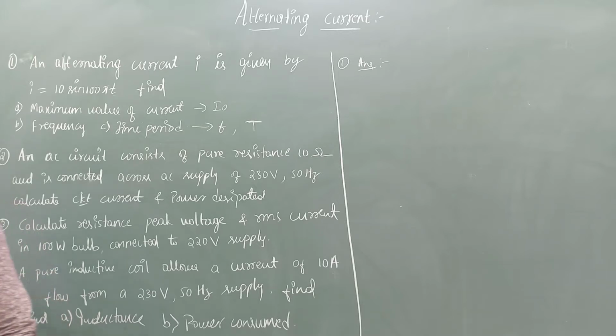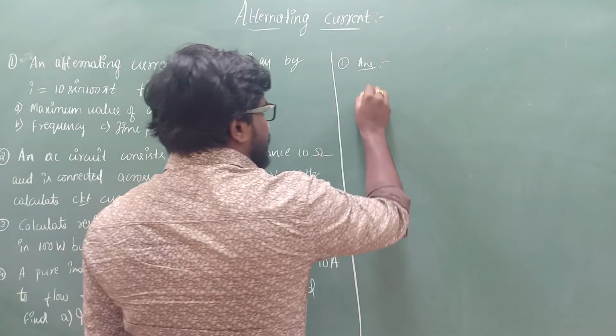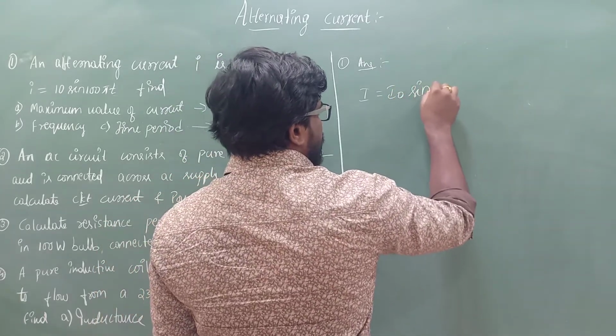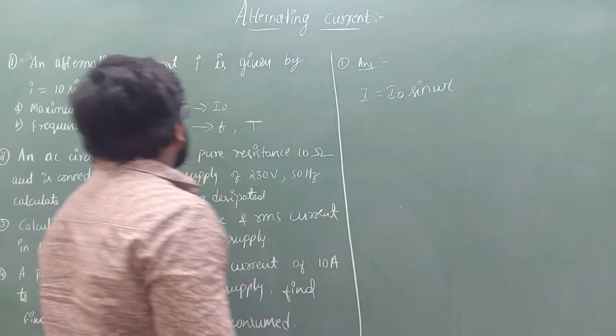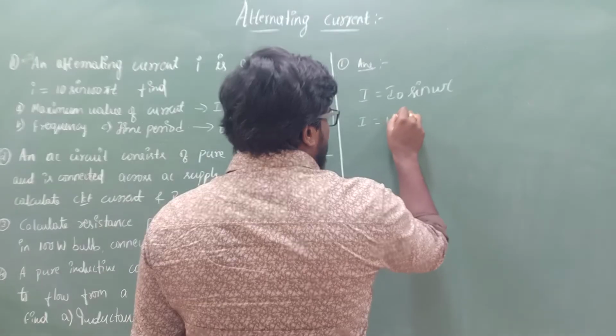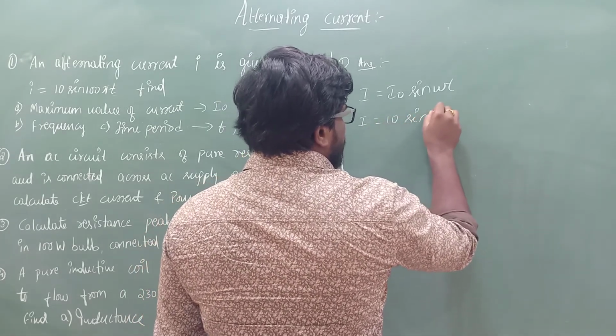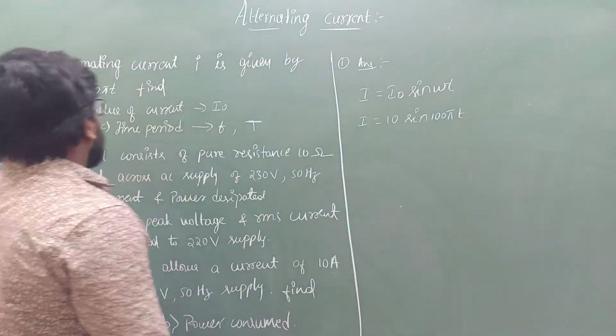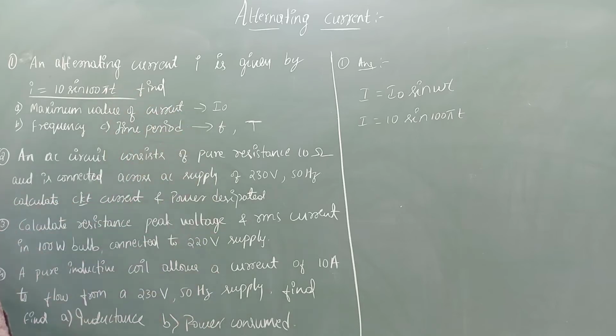Sir, how to find? We have a general equation for current, the maximum value of current. That is given by I = I naught sin omega t. And the equation that we have here is I = 10 sin 100 pi t.